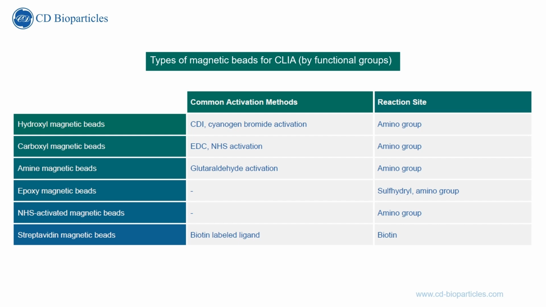Or, if you're dealing with a molecule with a sulfhydryl group, epoxy-activated beads would be a good fit. And then there's streptavidin. It's like a super strong magnet for biotin. So, if you can label your target molecule with biotin, streptavidin beads will pull it right out of the solution. Choosing the right bead depends on the specific molecule you're targeting.